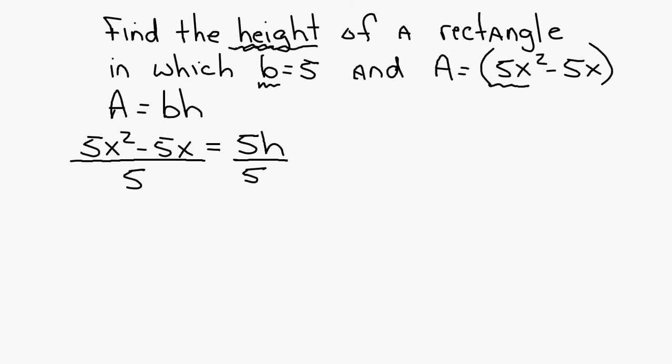And just be careful when you're dividing this binomial by 5, because you have to divide everything by 5. So 5x squared divided by 5 is x squared. And 5x divided by 5 is just x.